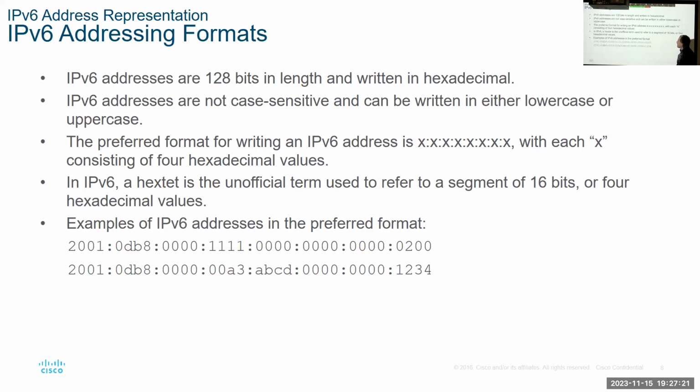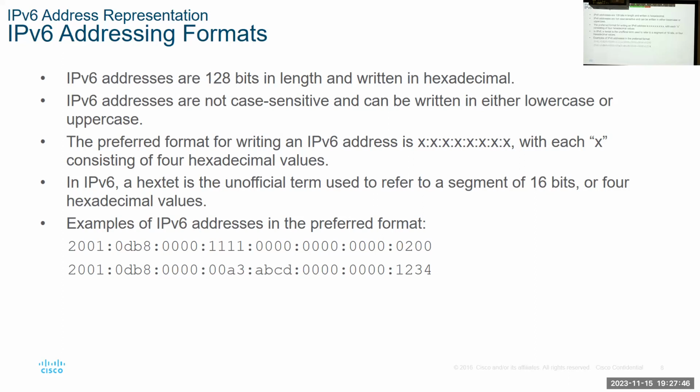They refer to each of these fields separated by a colon as a hextet, 16 bits, basically. An octet is 8 bits in dotted decimal IPv4; a hextet is 16 bits, in fields that are colon separated hex.